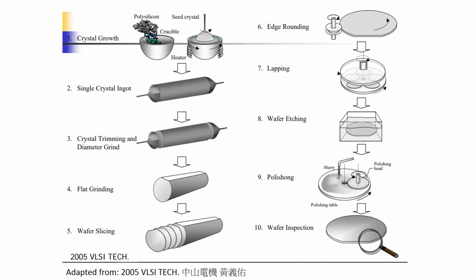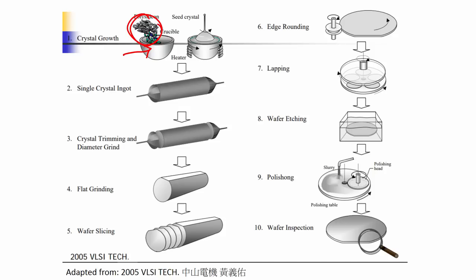So, first you add the polysilicon to the crucible. This crucible is at extremely high temperature. You add your polysilicon into the crucible, and it will melt.